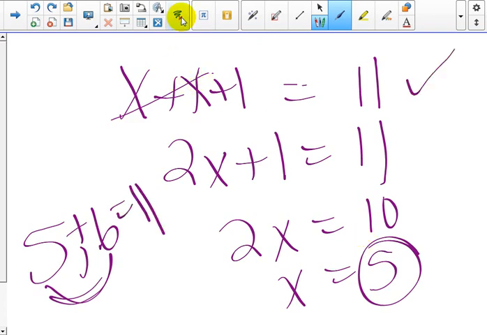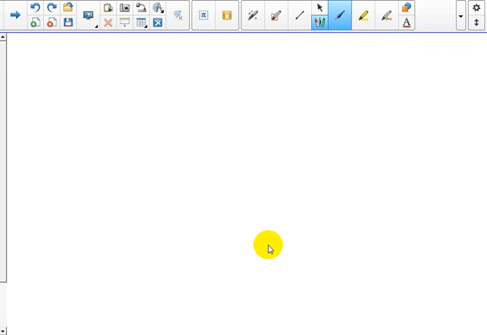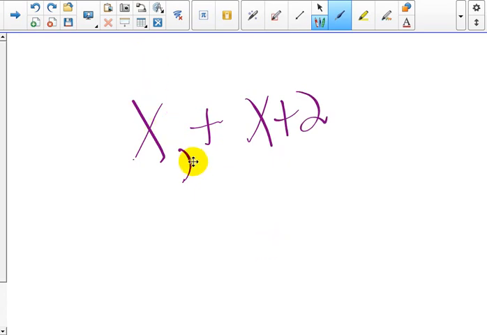Check. Well, now we're not talking about consecutive numbers. We're talking about consecutive even numbers. So let's see, 2 consecutive even numbers. So if one even number is x, and I add to that the next even number, well, what would we have to do? X plus 2, right? Because it's 2 further. So x plus x plus 2 is equal to 14.